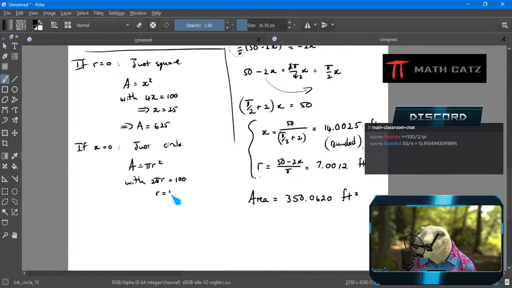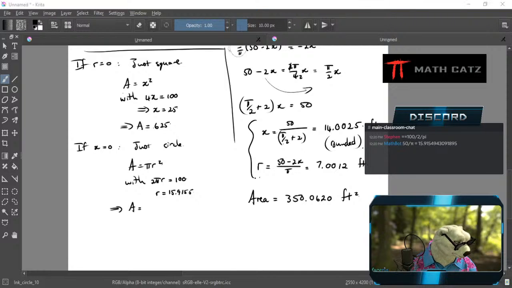It equals 15.9155. And so my area is going to be specific again because I have to use all the fence.